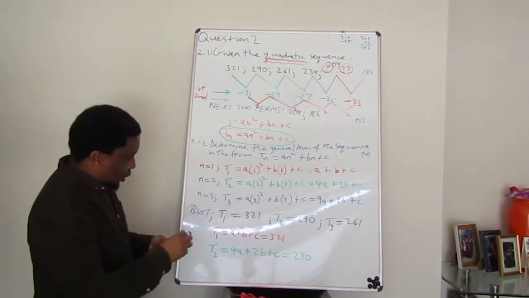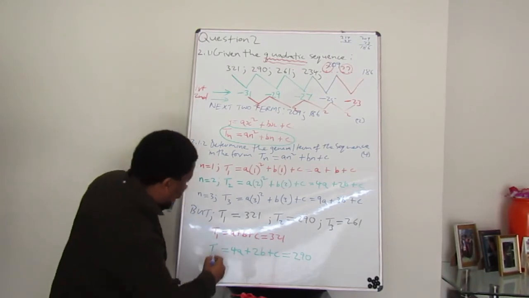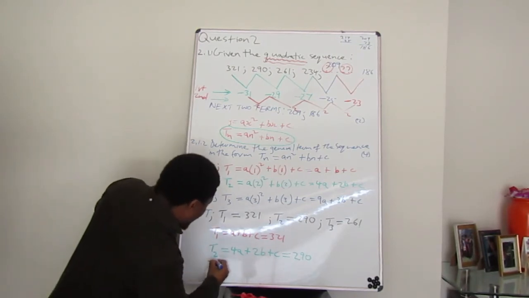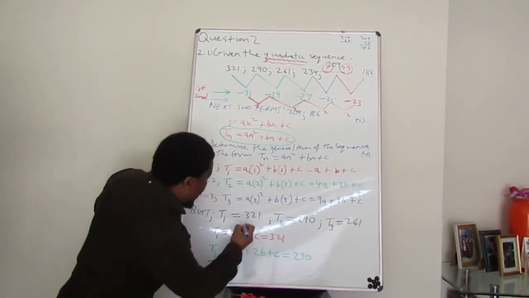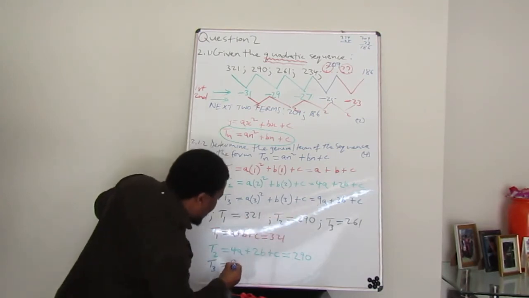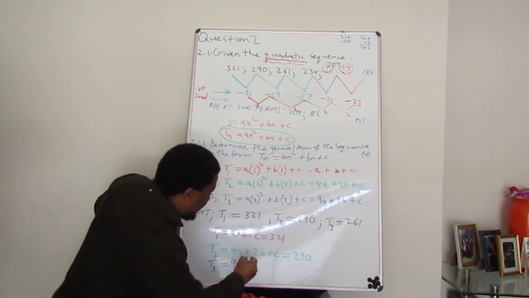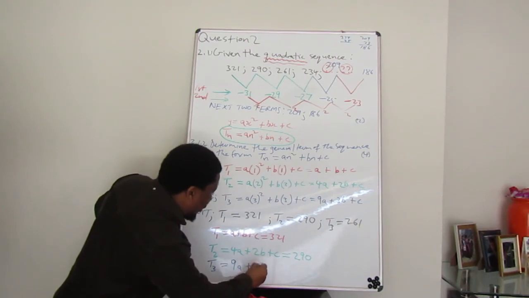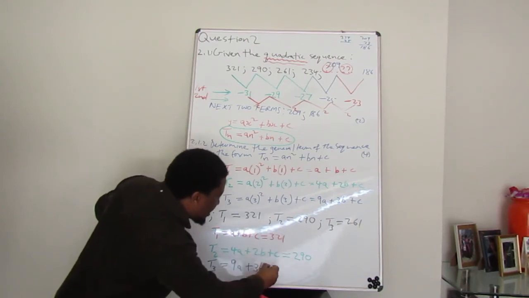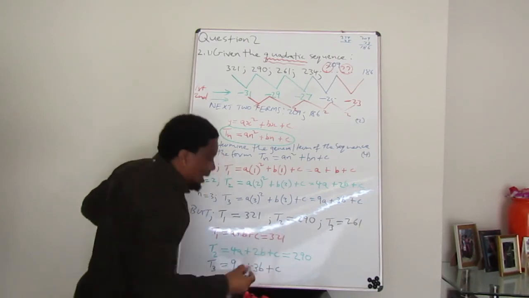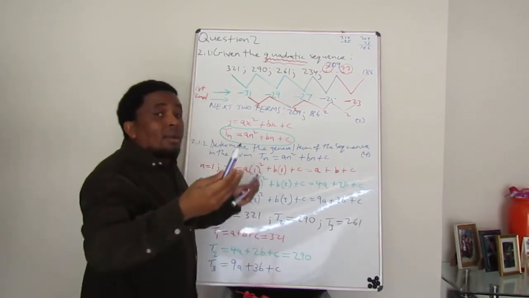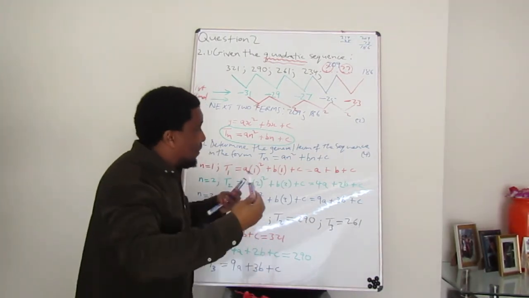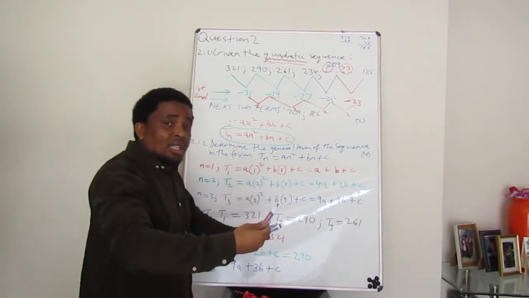Now, let's go to blue. What does blue say here now? Term 3. We calculated term 3 to be equal to what? 9A plus what? Plus 3B plus what? Plus C. That is beautiful. Maths is easy.